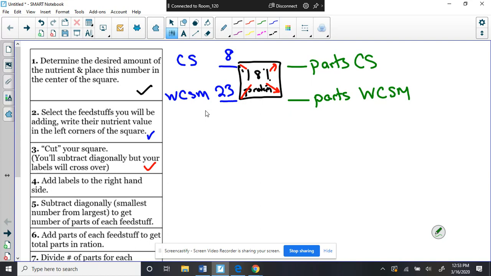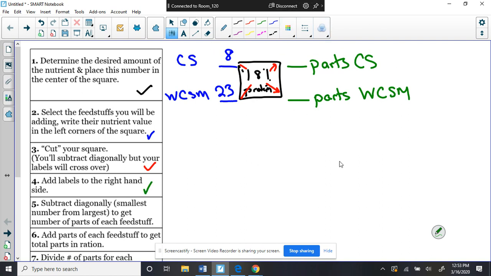But if I'm making that much food for 100 animals, that might be wheelbarrows full, or it might be a truckload. That allows us the flexibility to change that depending on how much we want to make. But the balance or the ratio between them is always going to be the same.